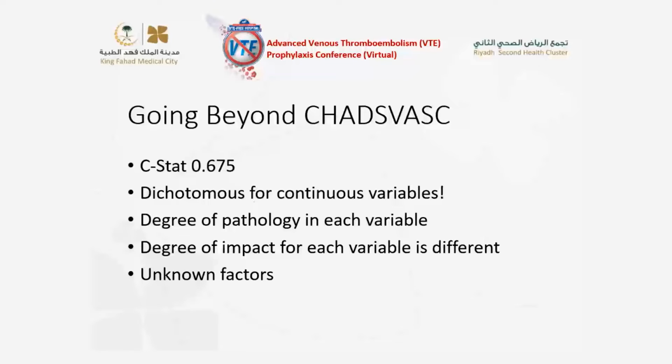And the problem with CHADS VASC is that you're trying to change a continuous variable into a dichotomous variable. So you want to say CHADS VASC of 1, CHADS VASC of 2, CHADS VASC of 3. And that's really not how pathology works. That's not really how patients present. I still remember a patient that I saw in the clinic that was 64 years old.